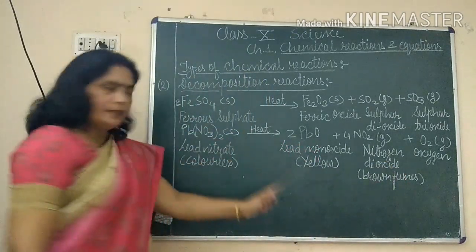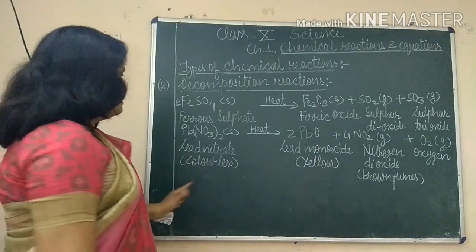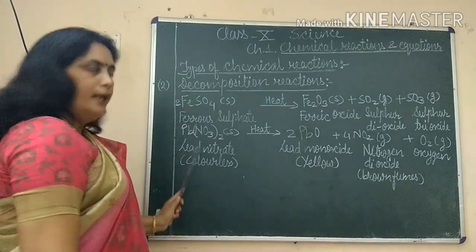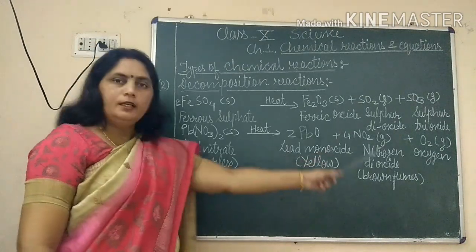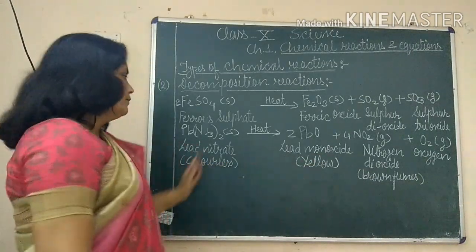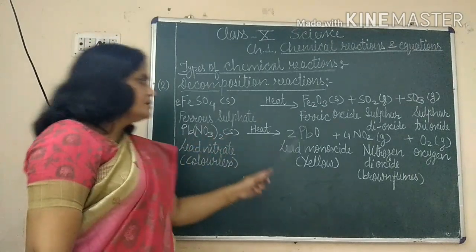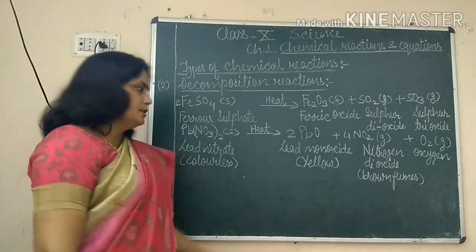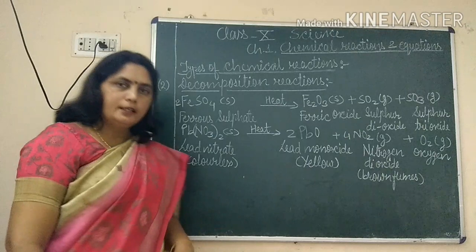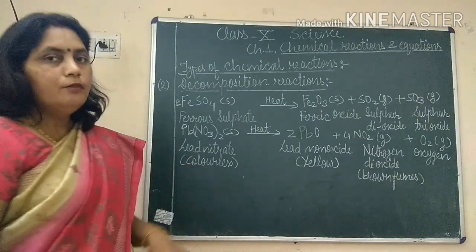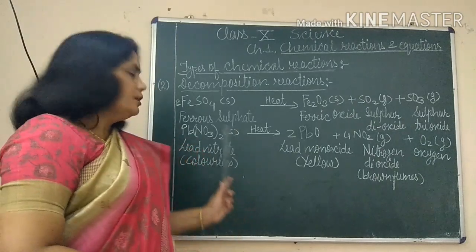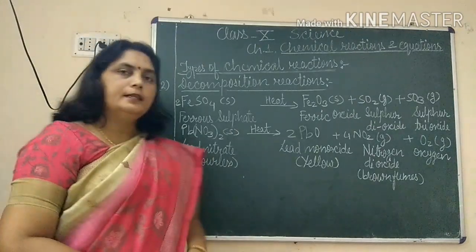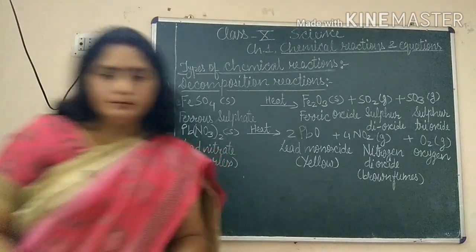So in this reaction, one compound, lead nitrate, is breaking down into three substances. That's why it is a decomposition reaction. Now we will see how we can carry out the decomposition of lead nitrate in laboratory.